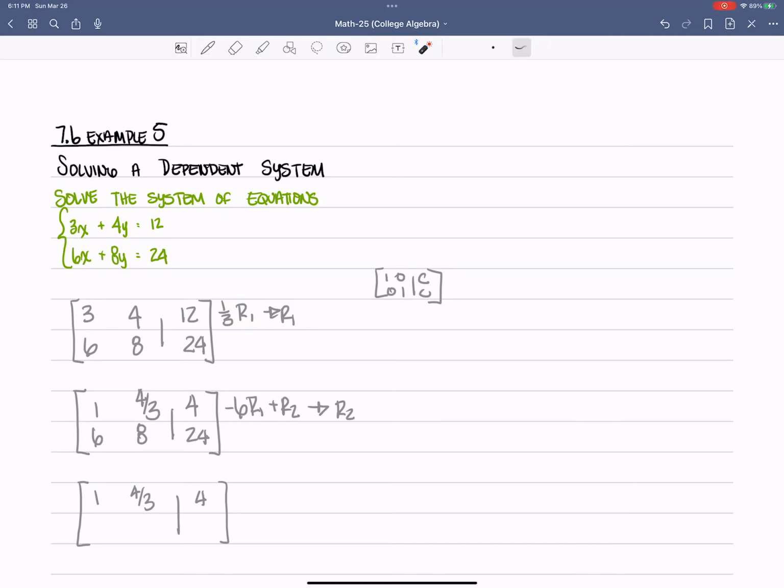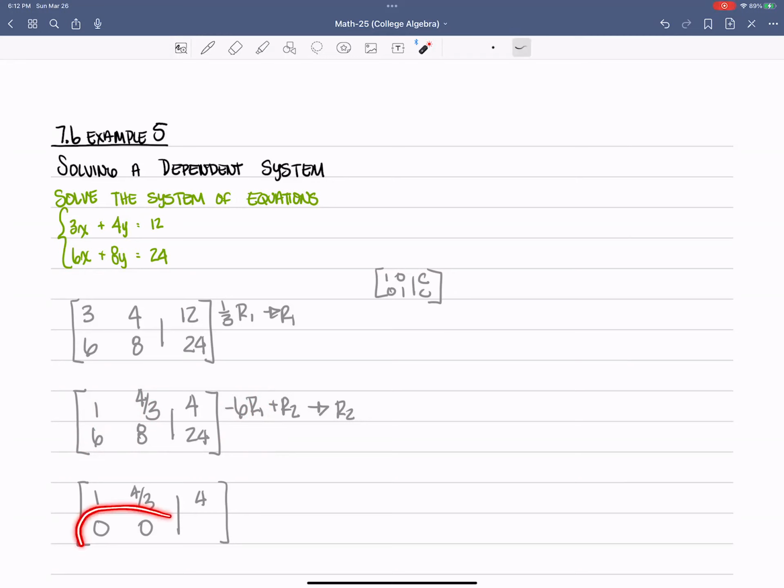And now let's see what we have. 1 times -6 is -6. -6 plus 6 is going to be 0. Perfect, just what we needed. And 4/3 times -6 is -8. And -8 plus 8 is going to be 0.